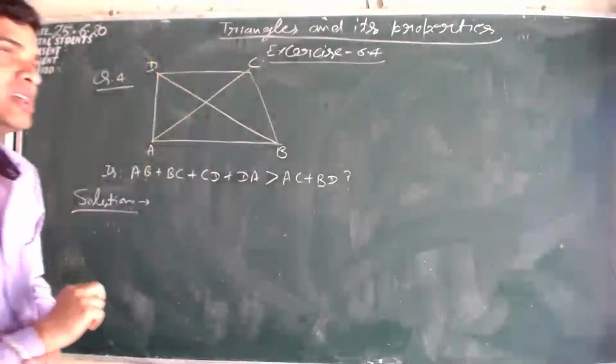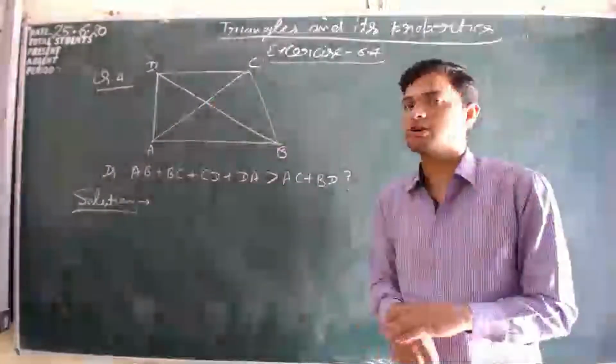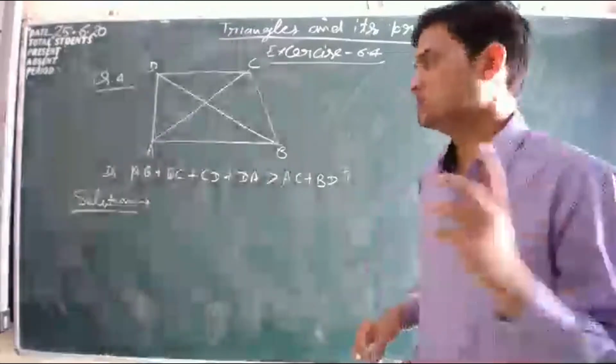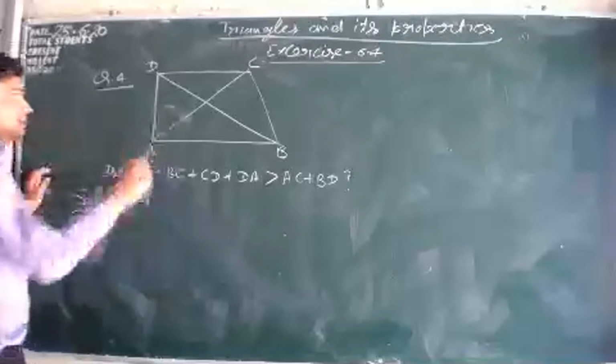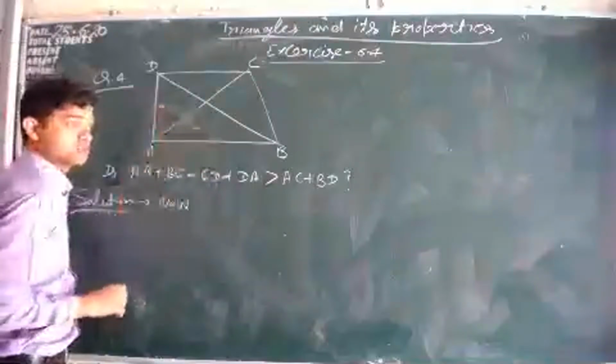In these triangles, we can apply the property of triangles, that is, the sum of any two sides is always greater than the third side. Now we have to consider these four triangles.